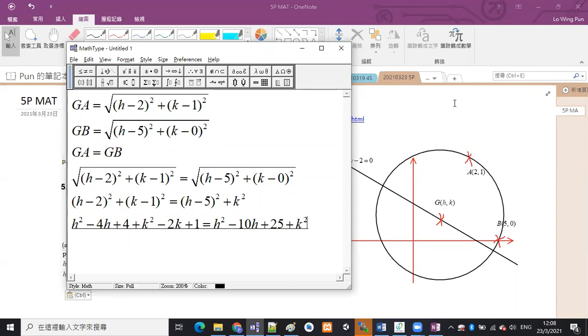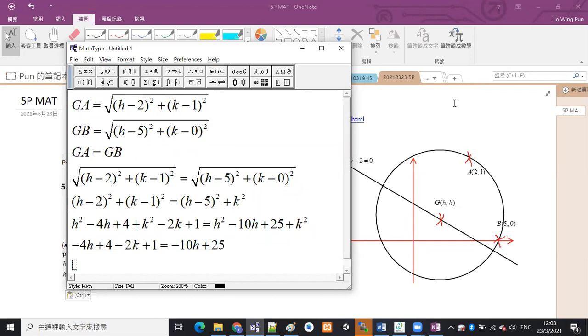Okay, if you remember what we did yesterday, then you should remember that the h squared terms and the k squared terms will be cancelled by each other. So what is remaining on the left-hand side is just negative 4h plus 4, and then minus 2k plus 1. The right-hand side is negative 10h plus 25.